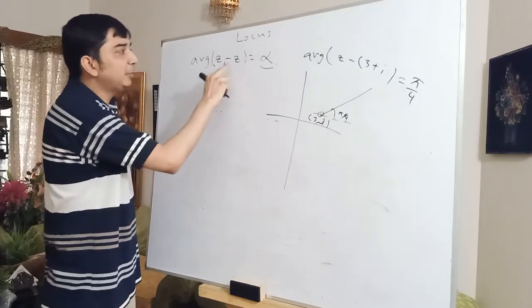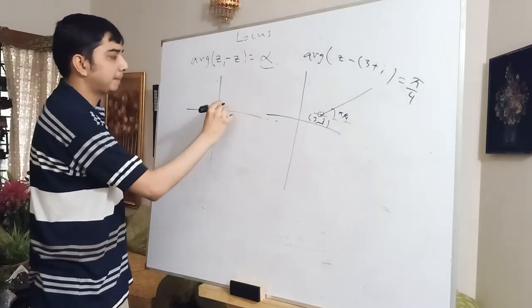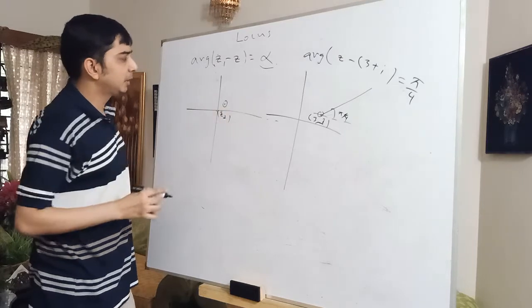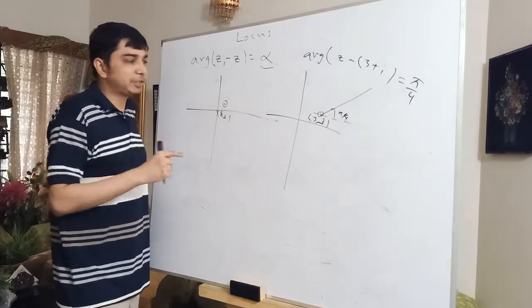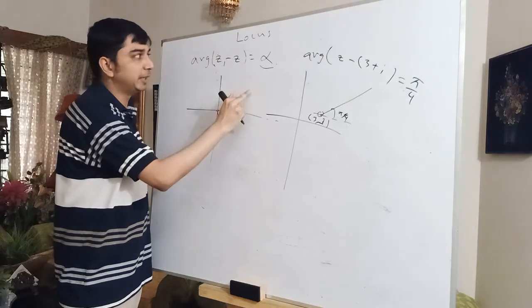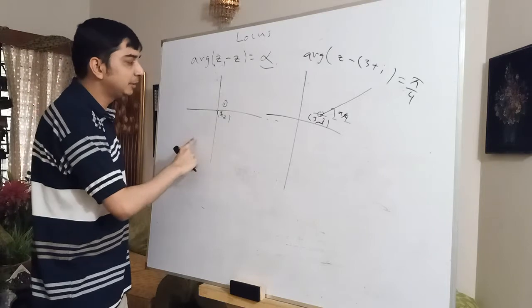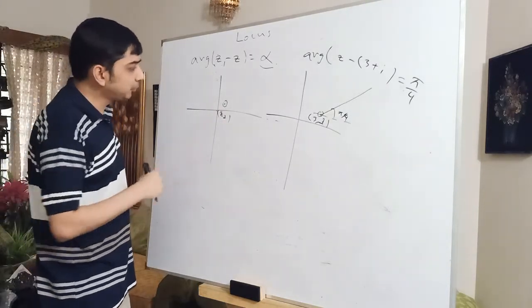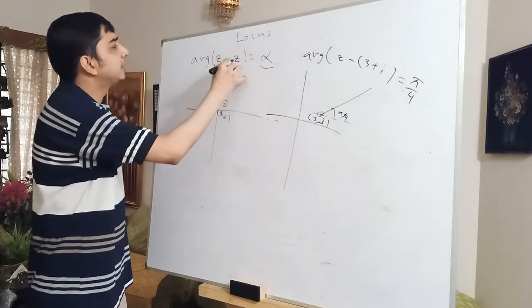Now for z1 minus z, let's say this is z1. So z1 minus z is going to refer to the vector from z to z1.